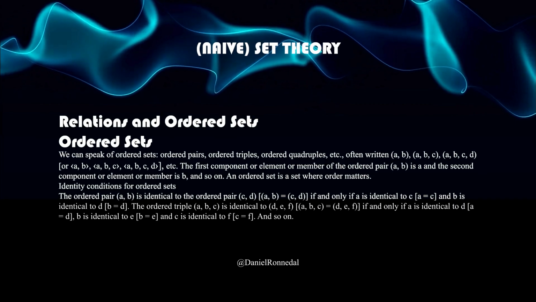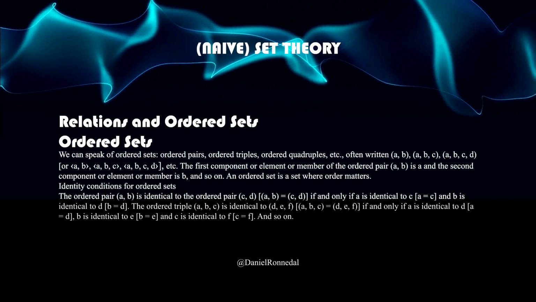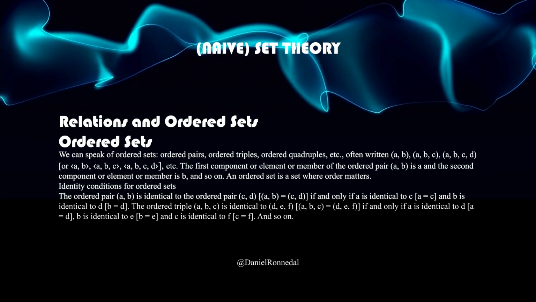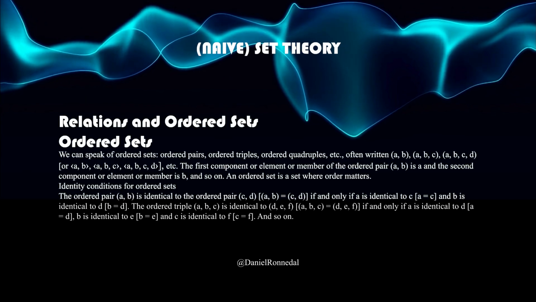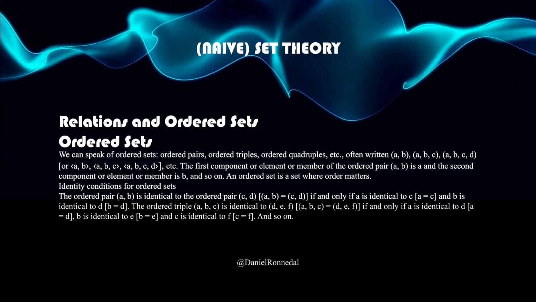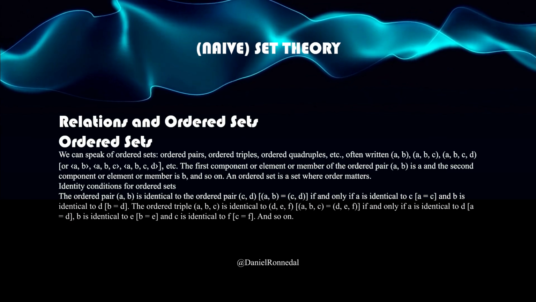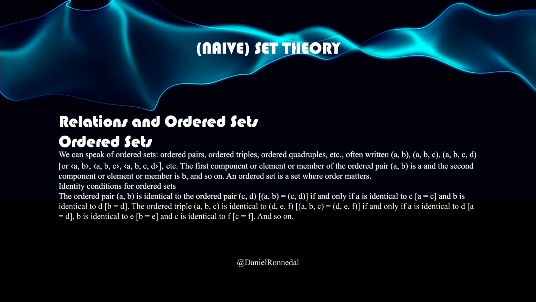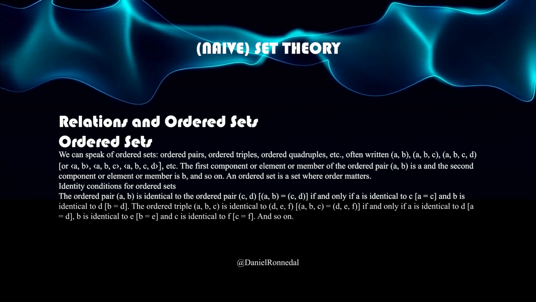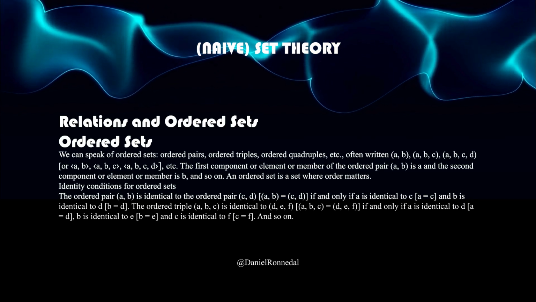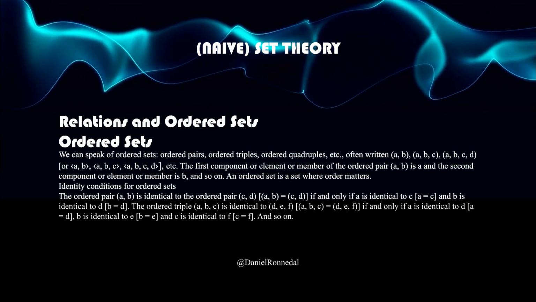The ordered pair (A, B) is identical to the ordered pair (C, D) if and only if A is identical to C and B is identical to D. The ordered triple (A, B, C) is identical to (D, E, F) if and only if A is identical to D, B is identical to E, and C is identical to F.